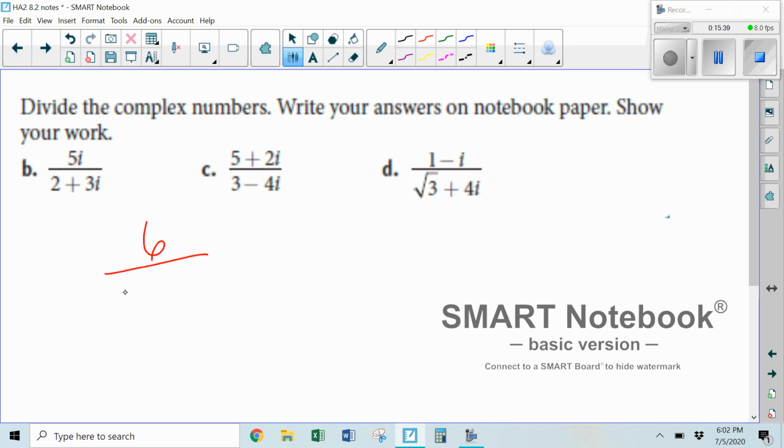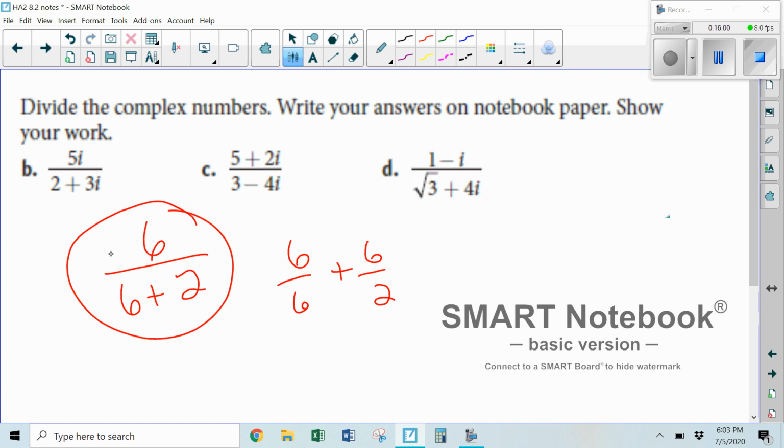6 over 6 plus 2. Here's what some people do. They write it as 6 over 6 plus 6 over 2. Is that correct or not? No, think about this original problem.